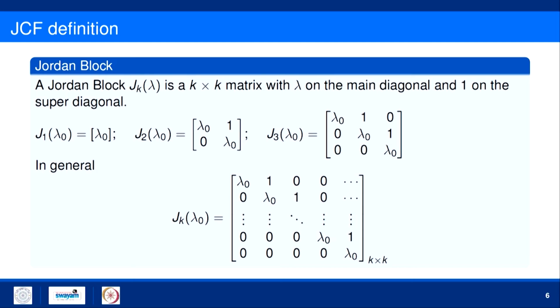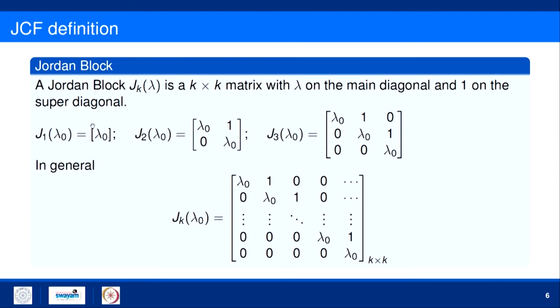A Jordan block J_k(lambda), where k is the size of the block and it corresponds to eigenvalue lambda, is a k by k matrix with lambda on the main diagonal and 1 on the super diagonal. For example, a Jordan block of size 1 corresponding to eigenvalue lambda 0 is just lambda 0, a 1 by 1 matrix.